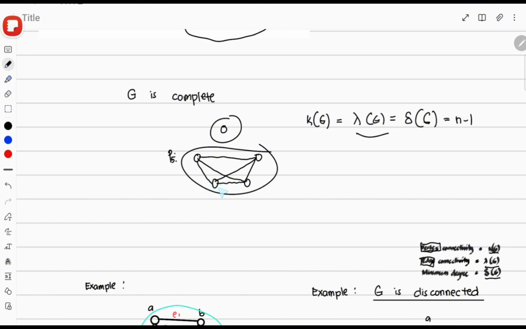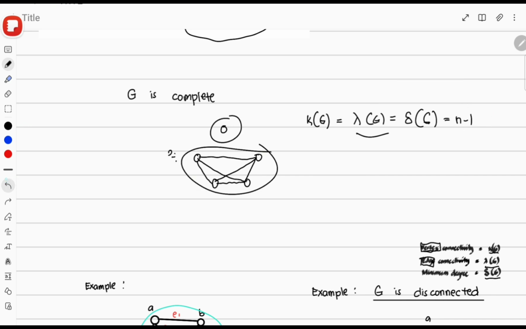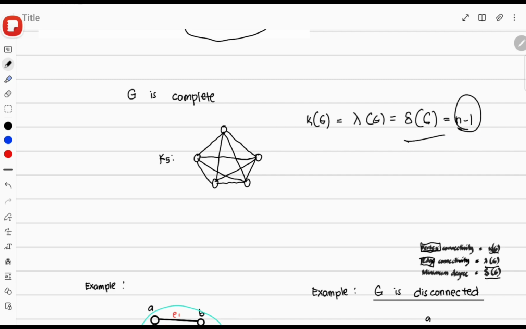So this is K5. Since the graph is complete, for our delta of G we also have n minus 1, because every vertex is connected to all the vertices in a complete graph except for itself.